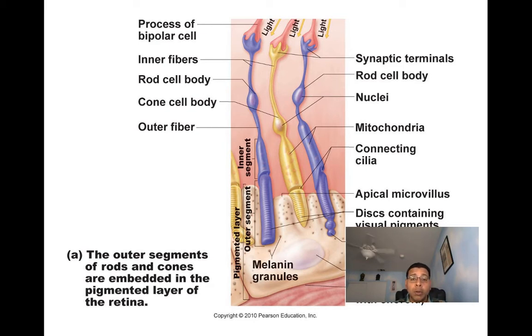The cones have a short conical outer segment versus the slender rod-shaped outer segment of the rod. The outer segments are important because they contain photopigments, which are found in stacked layers of membranes called discs.